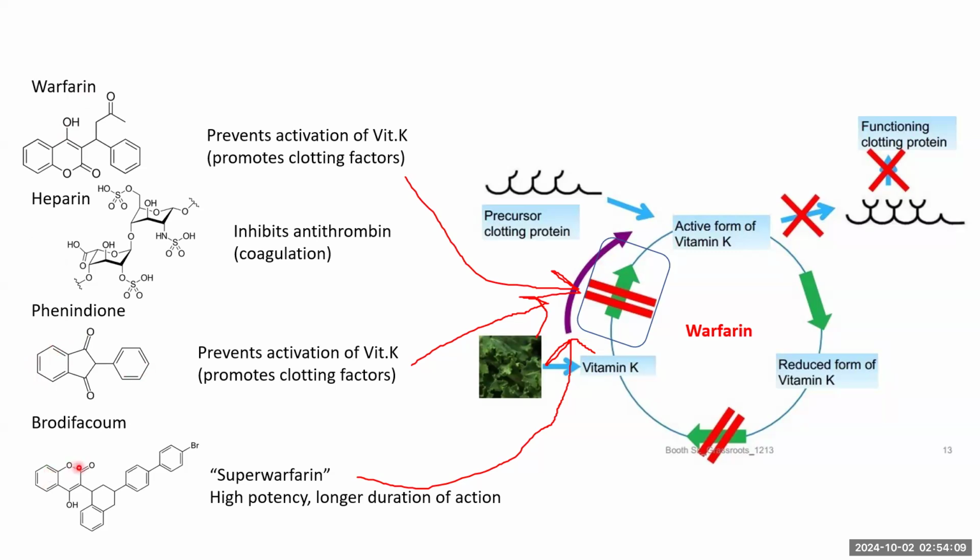And then we compare that to brodifacoum. If you had 1 part brodifacoum and 1 part warfarin, again, you might expect 2 units of anti-activation of vitamin K. But brodifacoum, because it's so much larger a molecule, has many fewer sticky bits, and it's going to take even longer for your metabolism to break down.